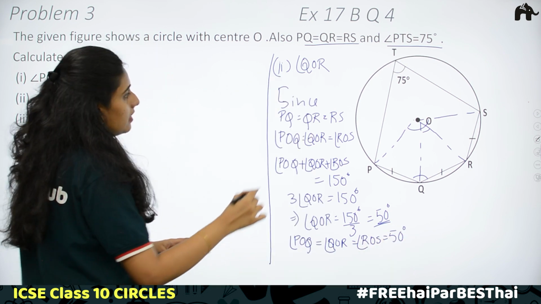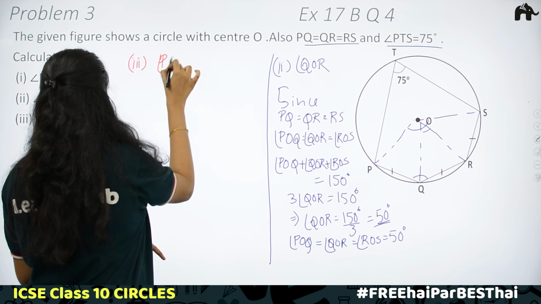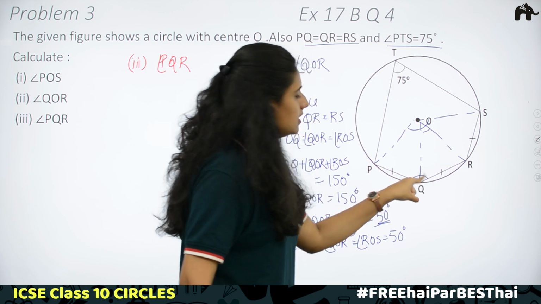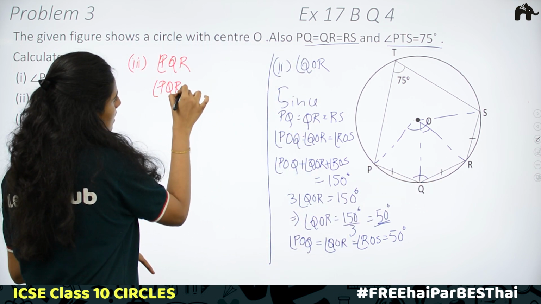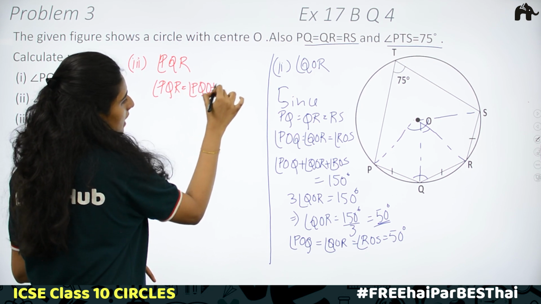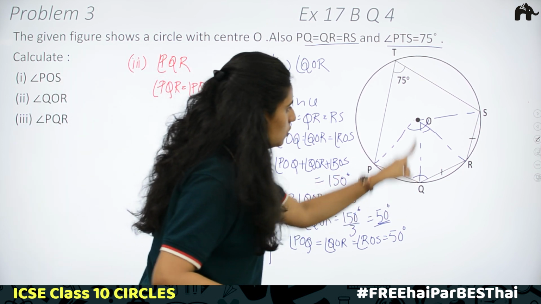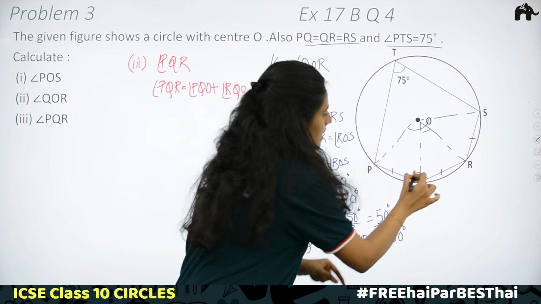Now, third part, we have to find angle PQR. PQR is this angle. We have angle PQR is equal to angle PQO plus angle RQO. That is, PQO is this part and RQO is this part.